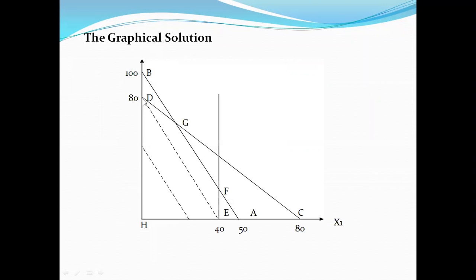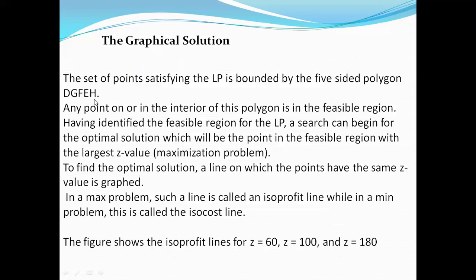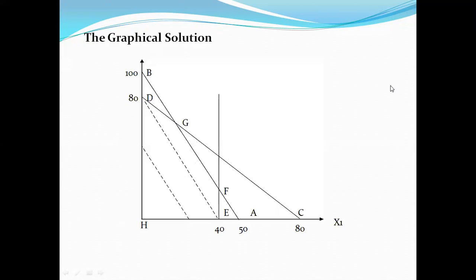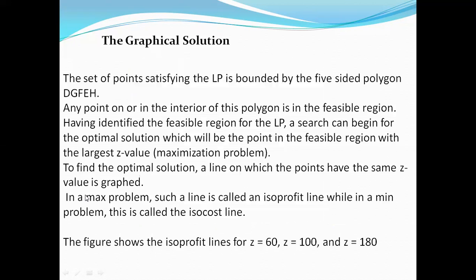There is D, G, F, E, and H. Five different points, right? So five different points have been captured and obtained as a five-sided polygon. So a polygon representation has commenced. So first side, second side, third side, fourth side, and fifth side. So a regular polygon with five sides, a pentagon, has been obtained.